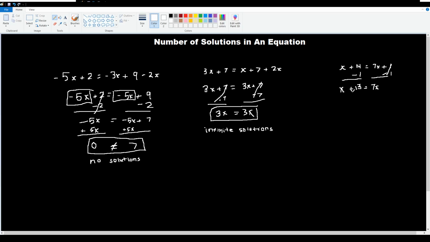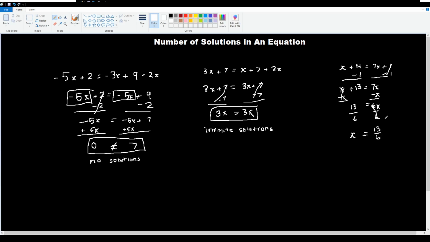Now we can subtract x from both sides, and we'll get 13 equals 6x. Now we can divide by 6 on both sides, and we will be left with the solution x equals 13/6.